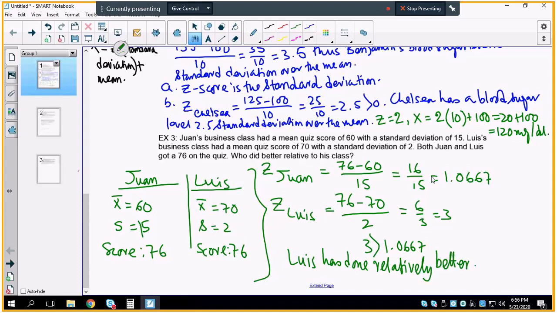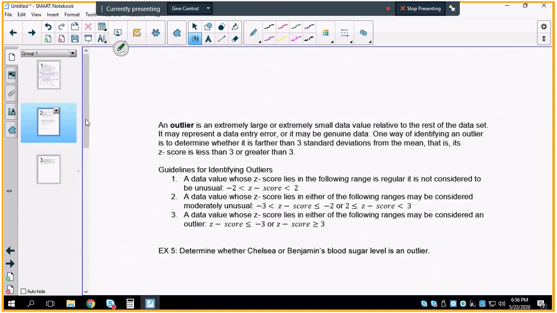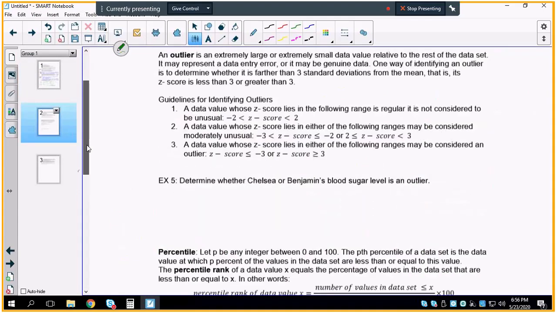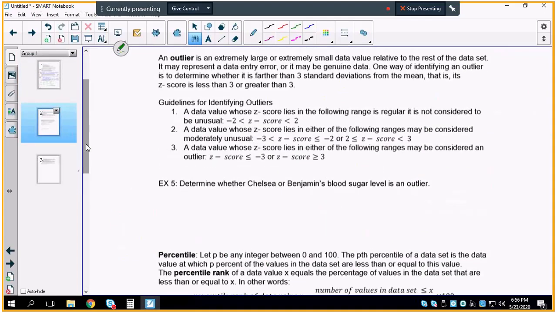Okay, let's carry on, and this is going to talk about the distribution of data, including outliers. An outlier is an extremely large or extremely small data value relative to the rest of the data set. It may represent a data entry error, or it may be genuine data.